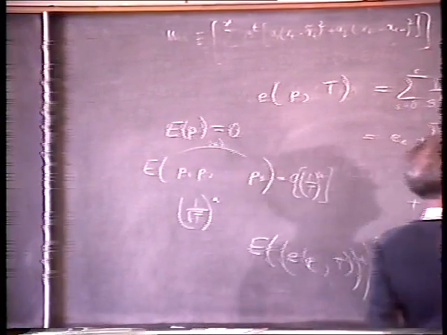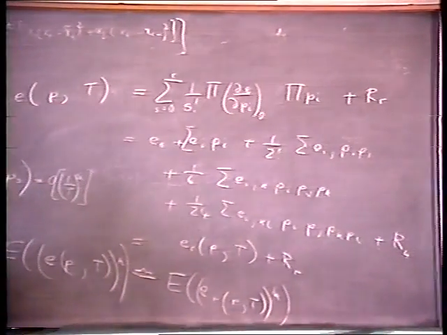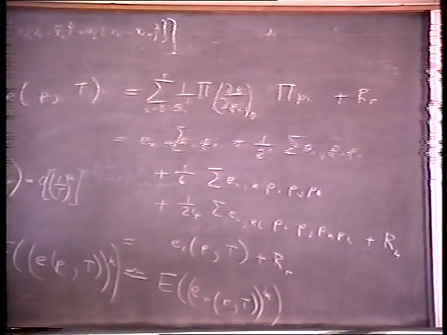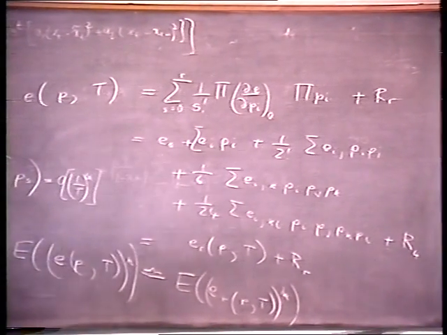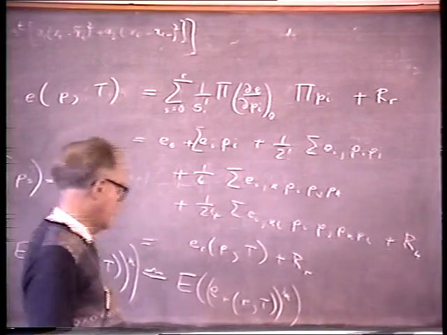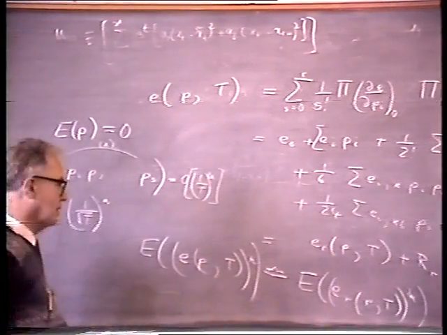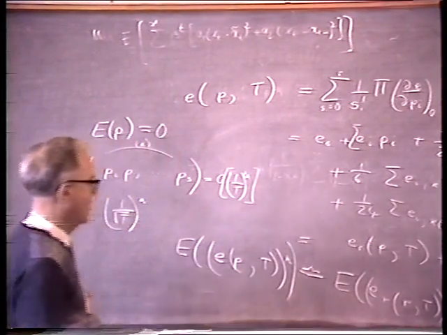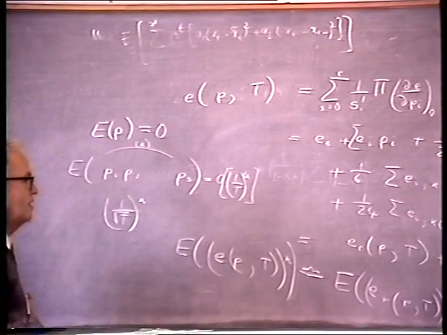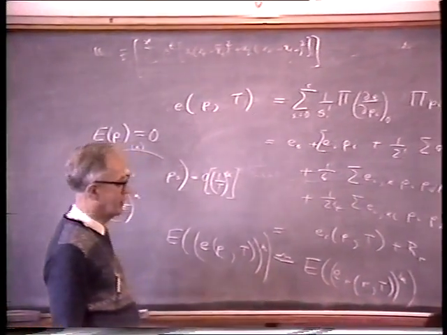The real problem is to argue that the remainder has the same kind of property of being of lower order than the terms you're retaining. In general, it's a rather powerful thing when it works, and very often it's the only way to get some idea of what the moments are.